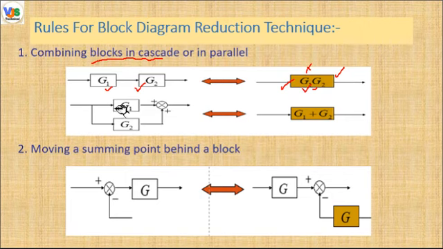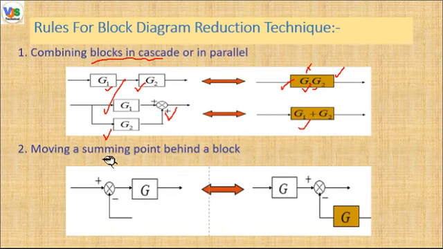Similarly, when these two gains are in a parallel system with the sign provided by the comparator, we simply add the gain values, that is G1 plus G2. This is the block diagram reduction for the parallel and cascade system.